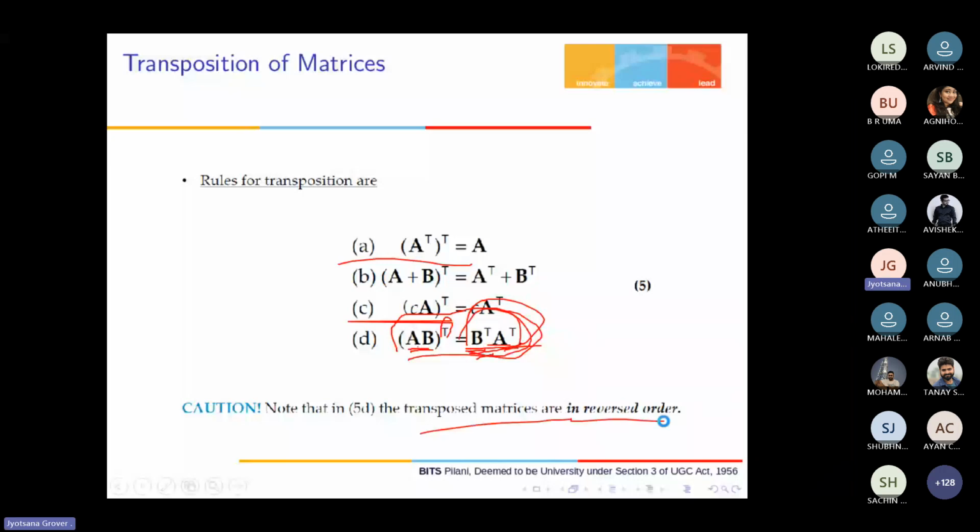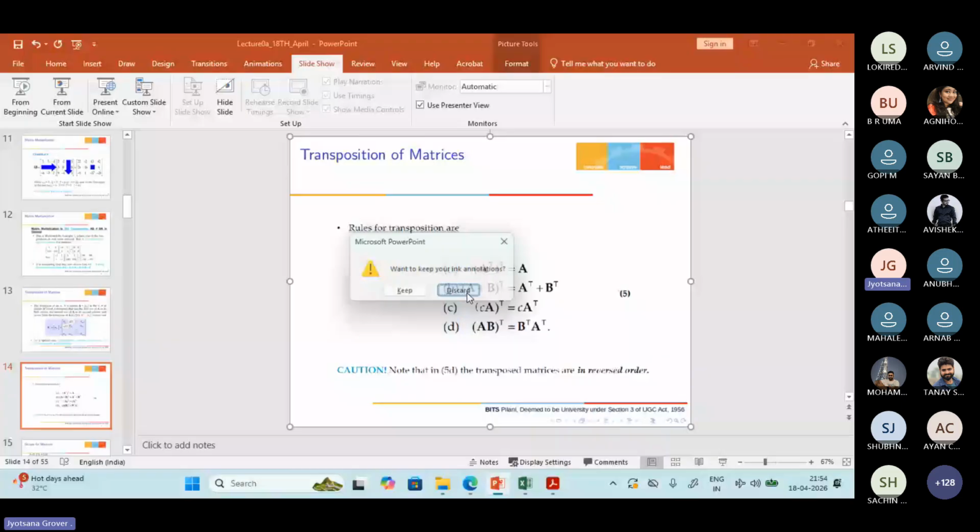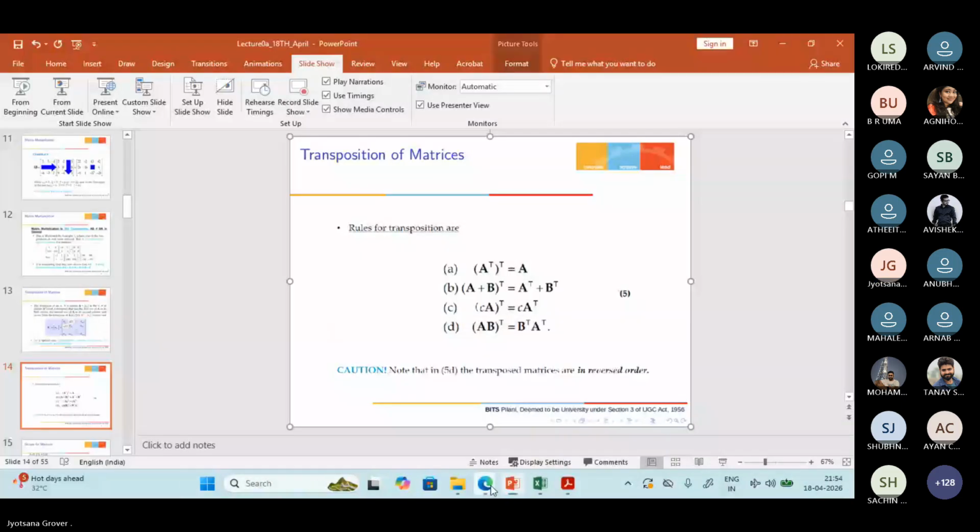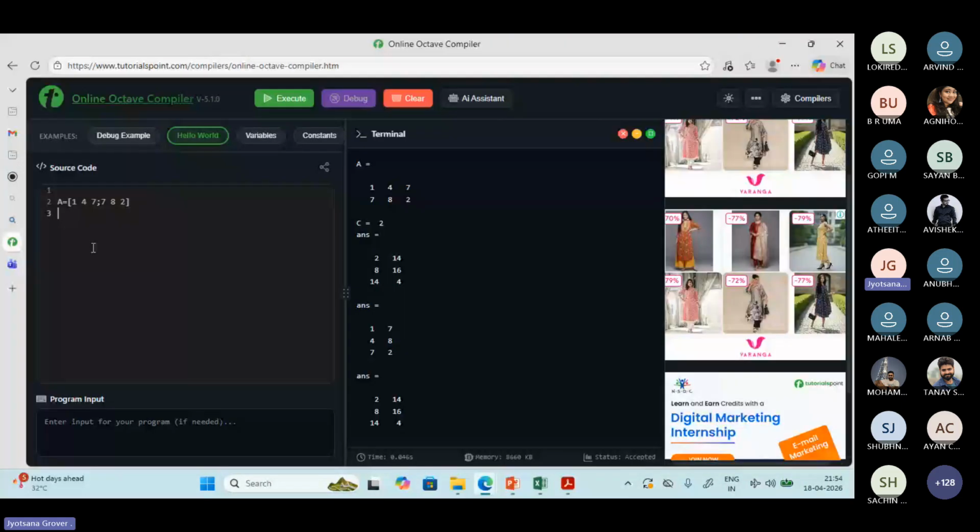So let me just show it to you. Okay, suppose A is this. Now because we are multiplying, let's take compatible matrices. This matrix A is 2 cross 3. So let's take B to be some 3 cross 2. 3 rows, 1, 2, and we'll take 2 columns.